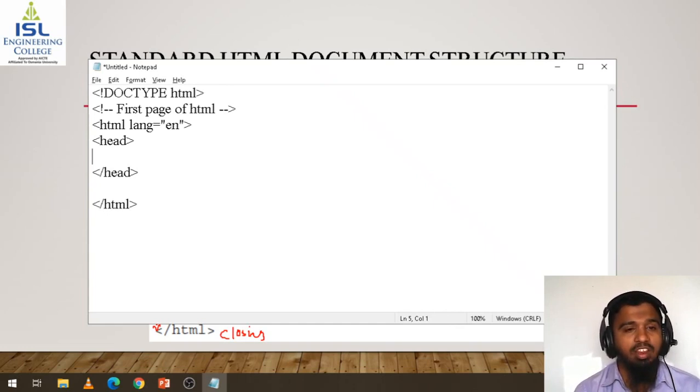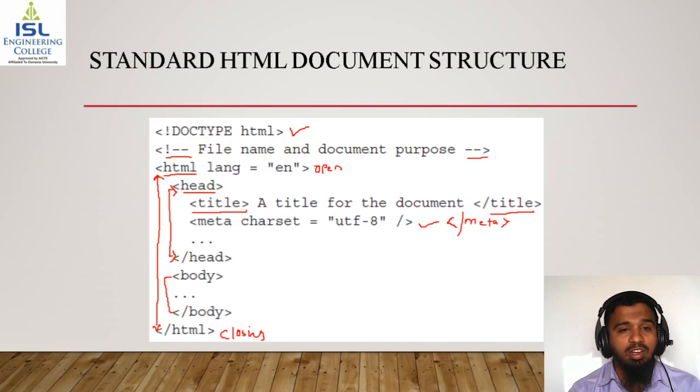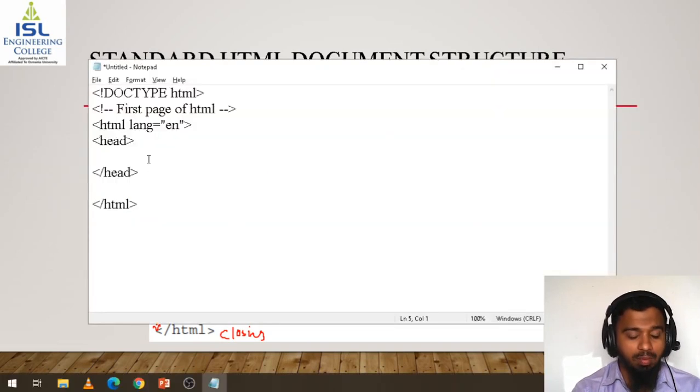Okay, so I created the head. What is after head? Title. Can you see this title? I am writing the title opening tag and closing tag. Okay, opening tag and closing tag. So I am writing here first page.